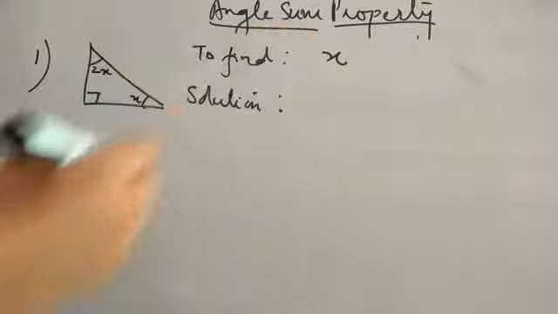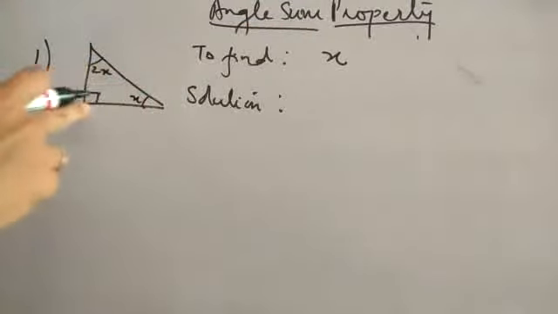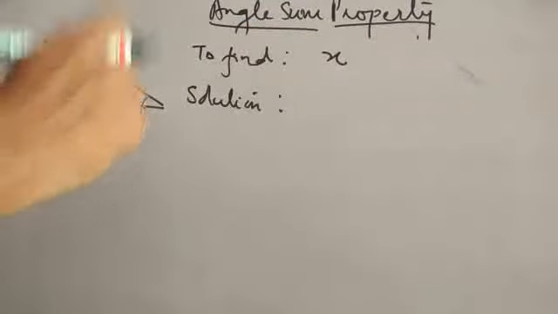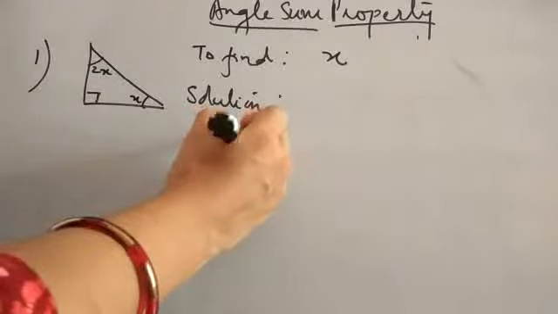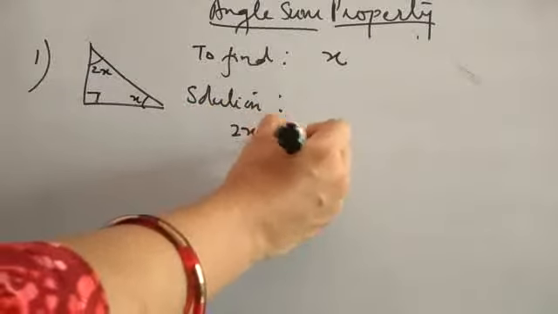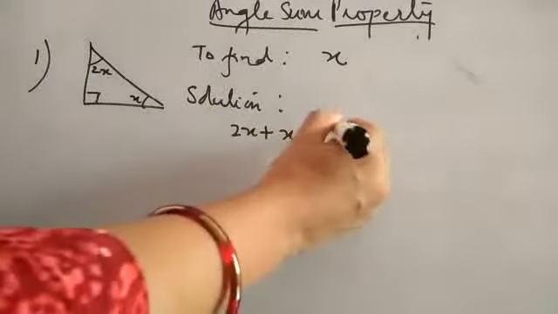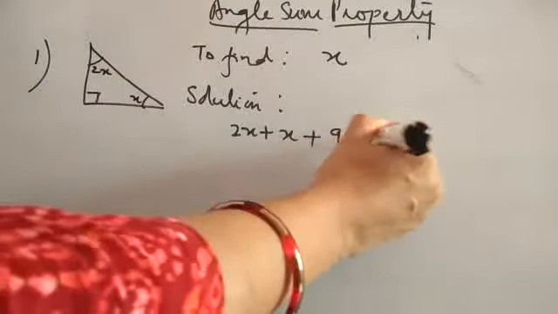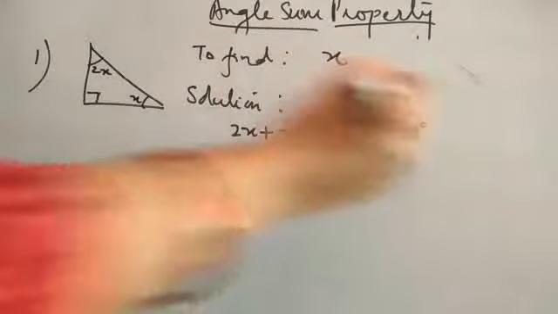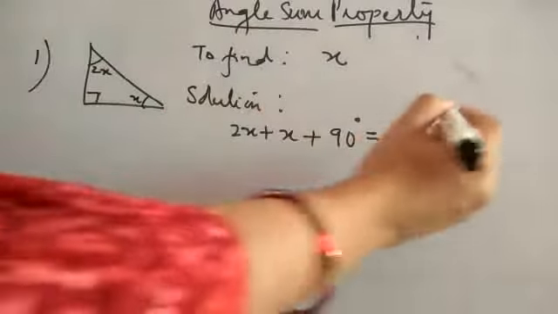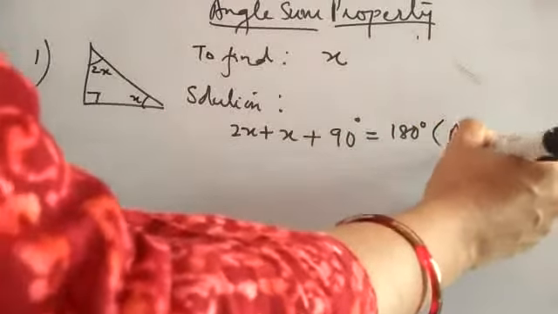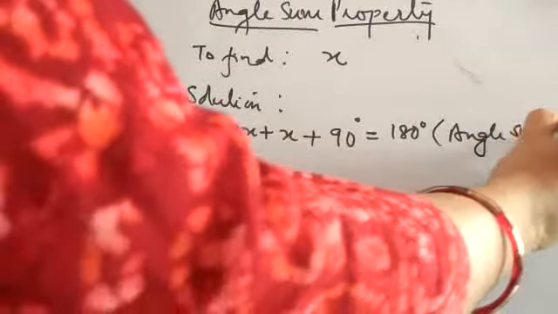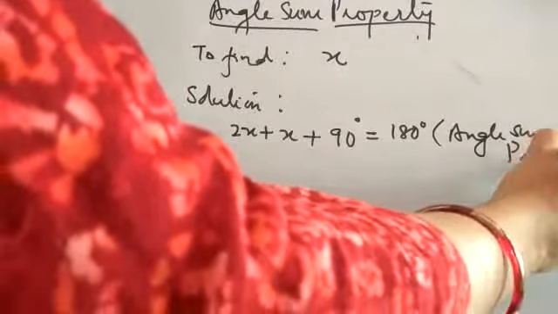Solution. Now this is a triangle and the three angles are 2x, x and the third is 90, and the sum of the three angles is 180. How do you know? We always write the reason: angle sum property.